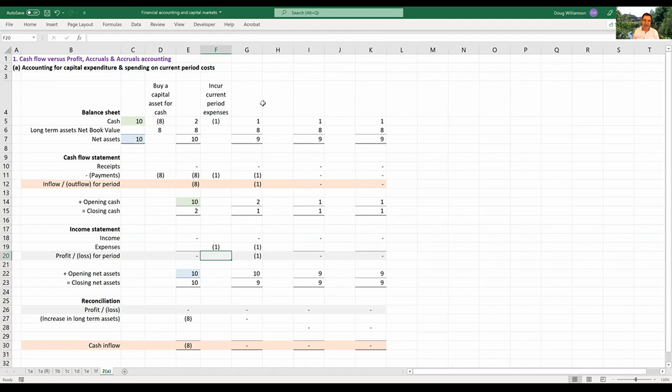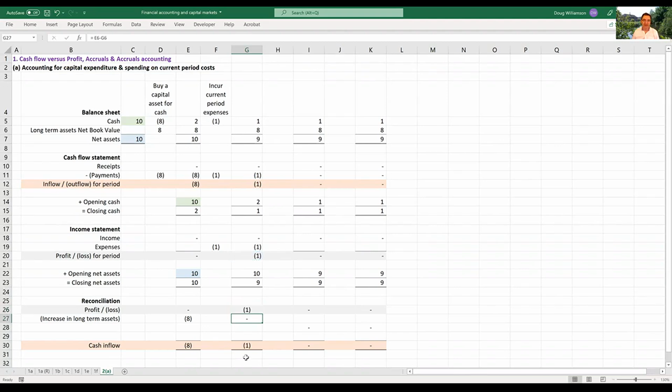Are there any differences? So let's first say we've got a loss for the period. We've got a cash outflow for the period. So loss for the period 1.